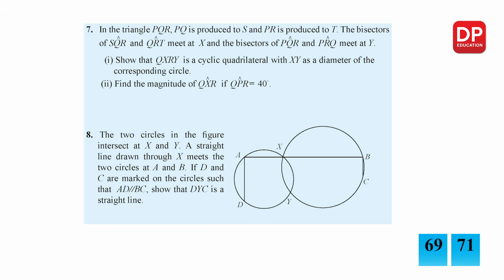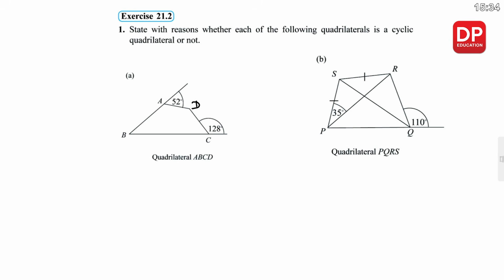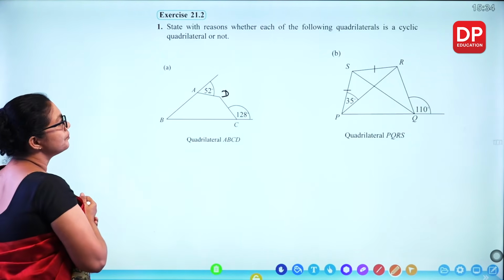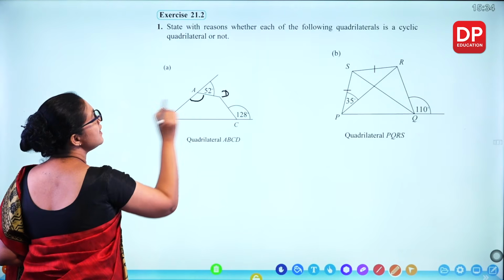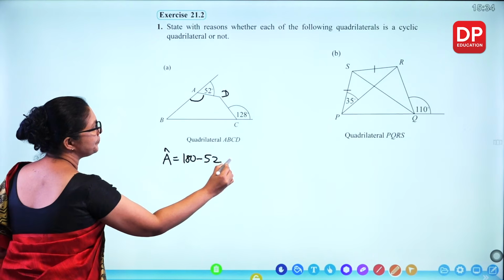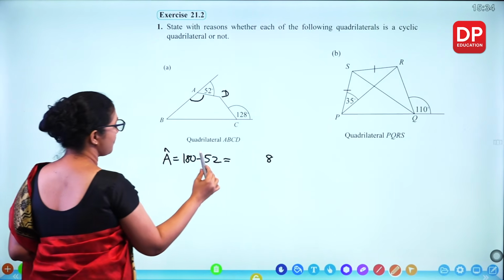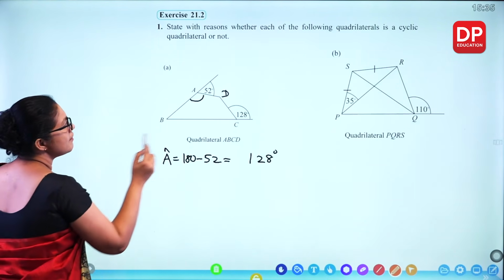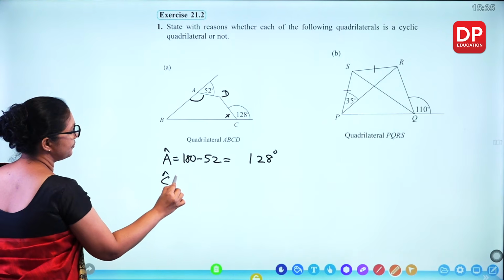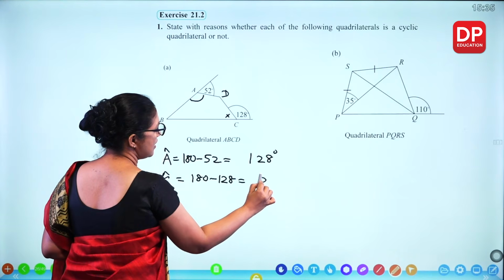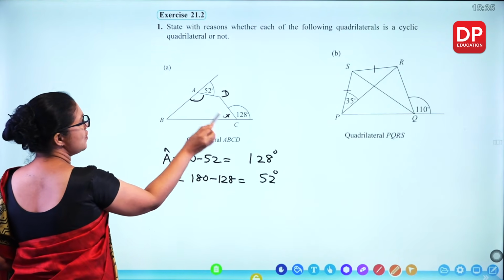Exercise 21.2. State with reasons whether each of the following quadrilaterals is a cyclic quadrilateral or not. Quadrilateral ABCD. We'll find out the angle A. What's the angle A? 180 minus 52, 128 degrees. We'll find out C angle. 180 minus 128, you get 52. What can you say about these two?